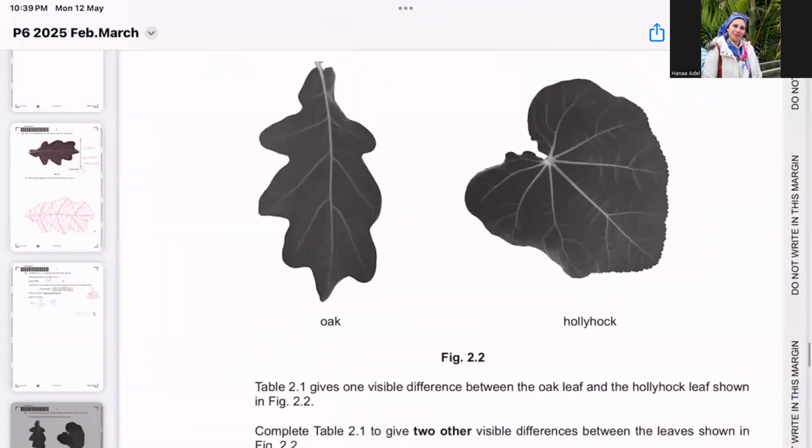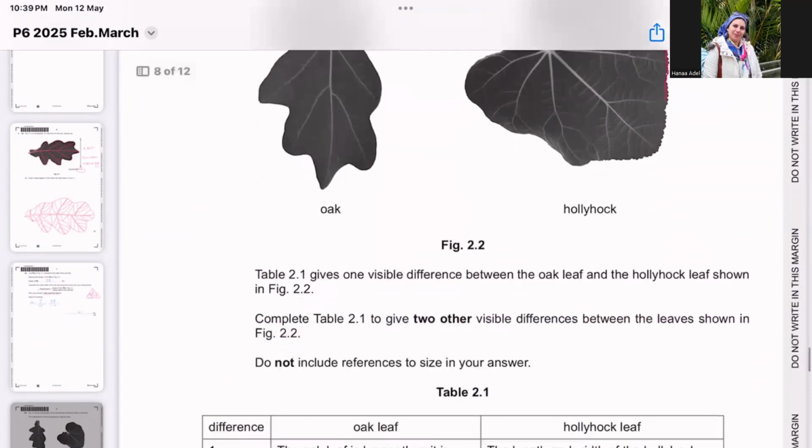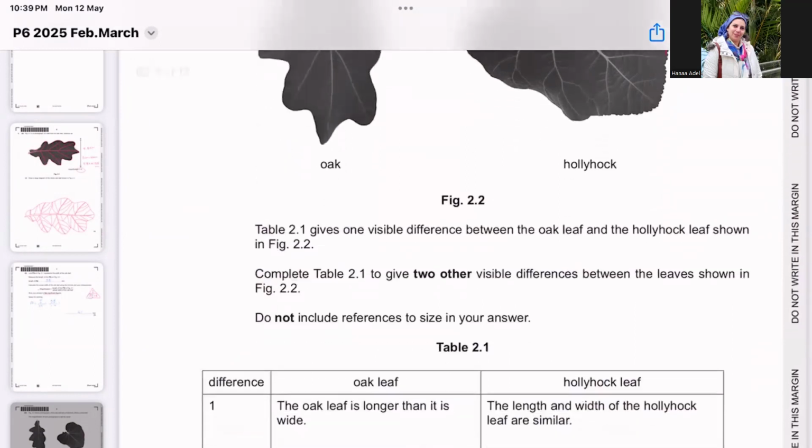We have to look at it and concentrate. So if you concentrate well, we can find this outline is smooth, and this one is rough, or like zigzag or jagged edges. Okay, so we have here smooth and the other is jagged edges.